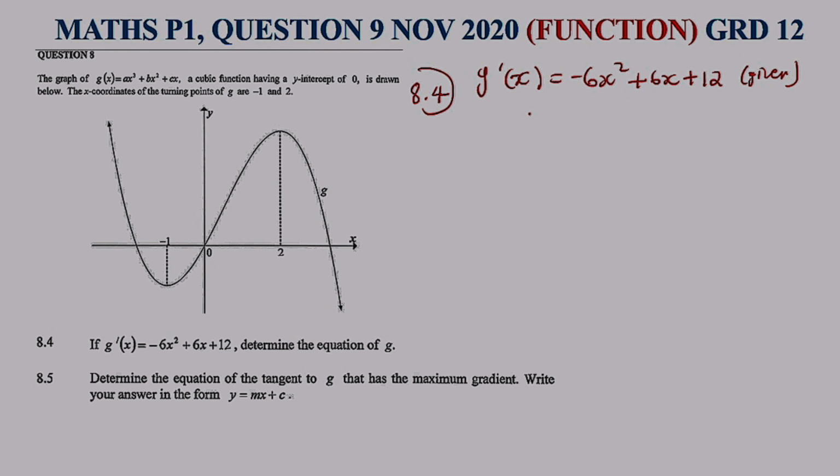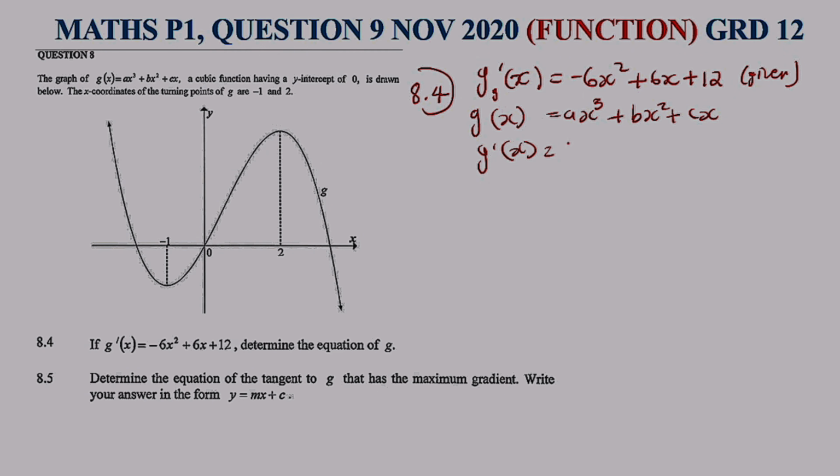Now, this is the general formula that was given to us, a x cubed plus bx squared plus cx. Therefore let's take the derivative of this one. I'm going to call this g so that it can be g given, because they look the same anyway.